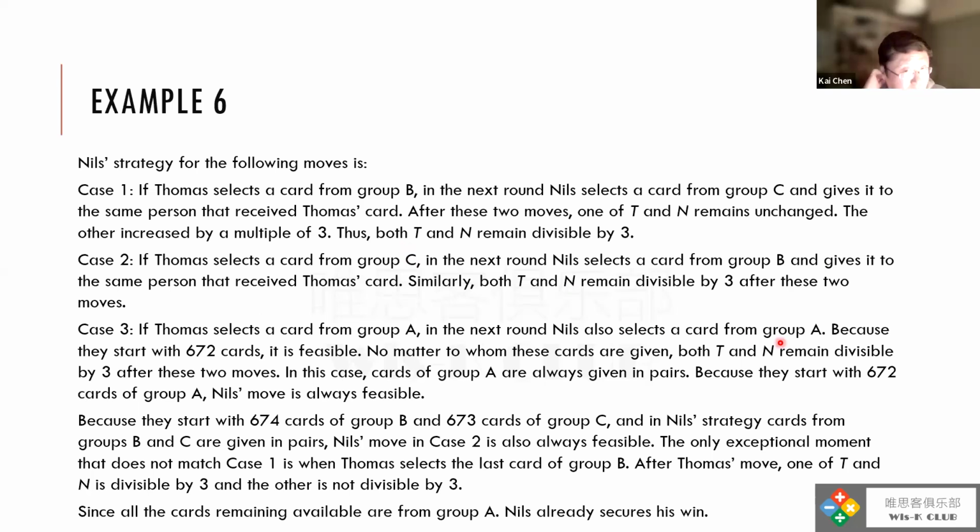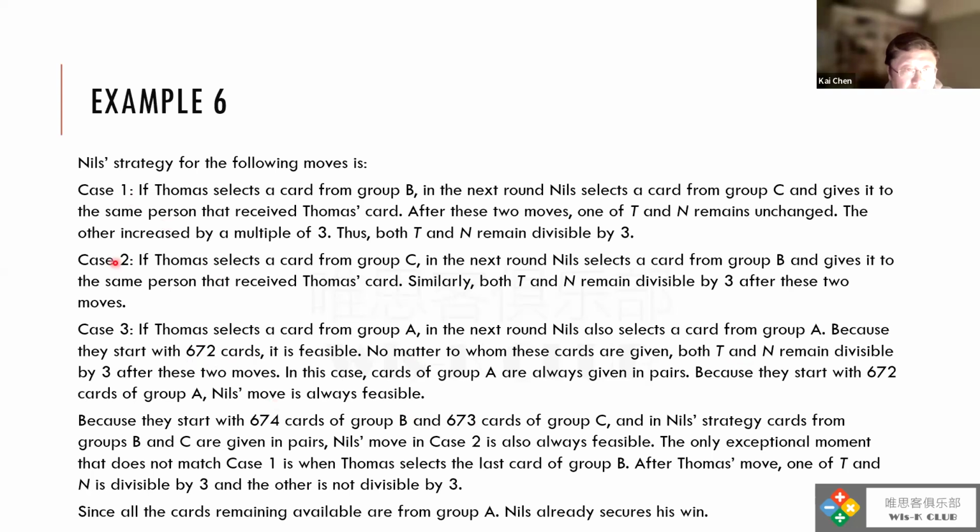Because A cards are multiples of 3, the difference between T and N again remains a multiple of 3. There are 672 A cards, which is an even number, so that's feasible. Thomas can take 1 and Niels take 1, so every round you take 2 cards, in pairs.